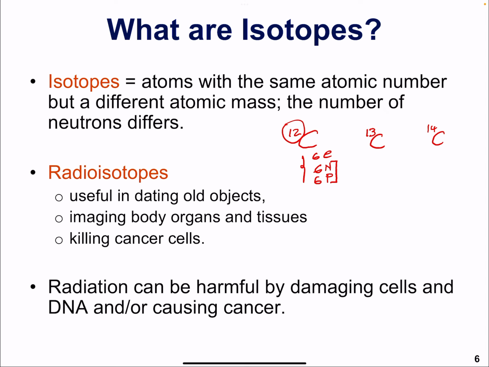Now, let's take a look at carbon 13. Carbon 13, however, has 6 electrons, 6 protons, but it has 7 neutrons. So together we have 13, which is this number that we see here.